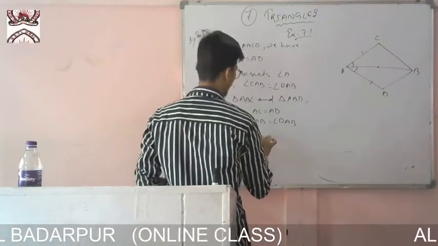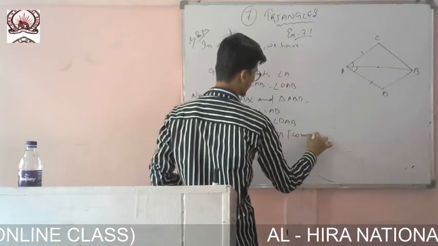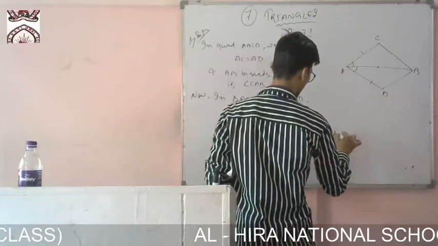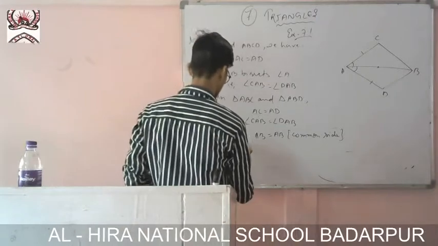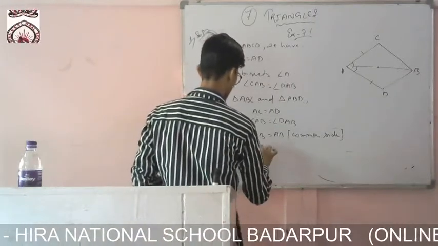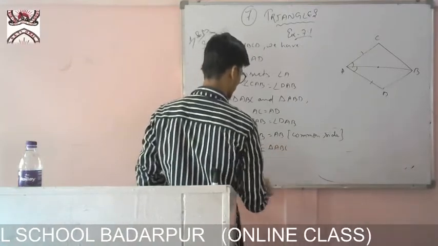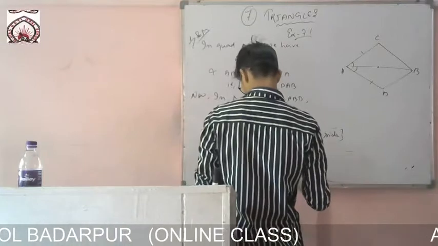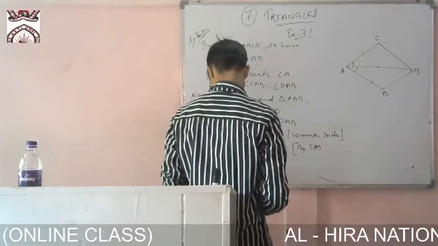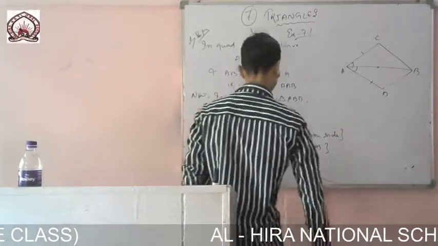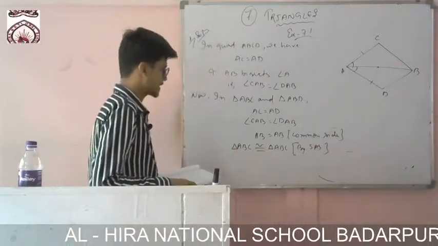And AB equals AB, common side. So I can say that these two triangles are equal. So triangle ABC is congruent to triangle ABD, by side angle side. So these triangles are equal, we have shown.